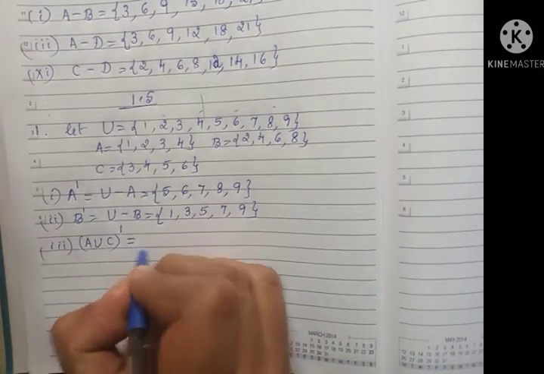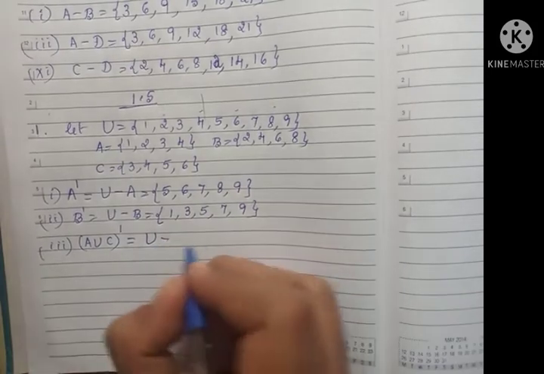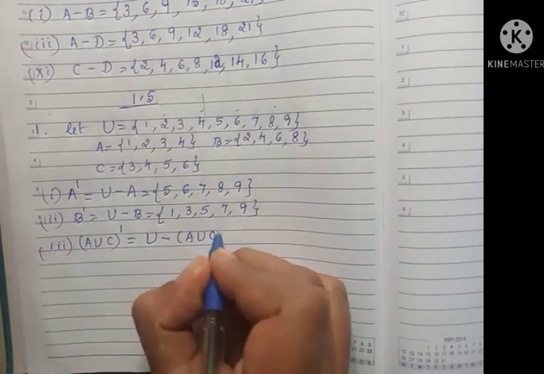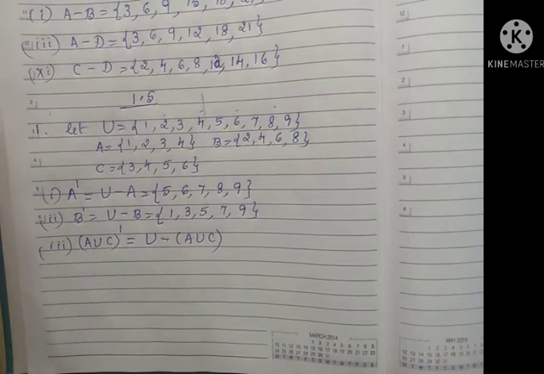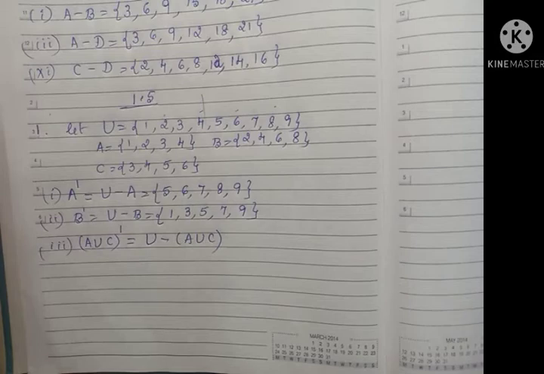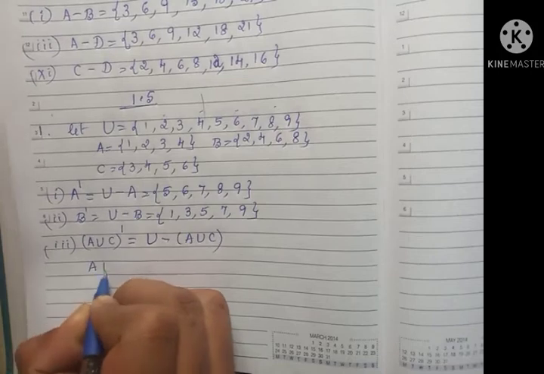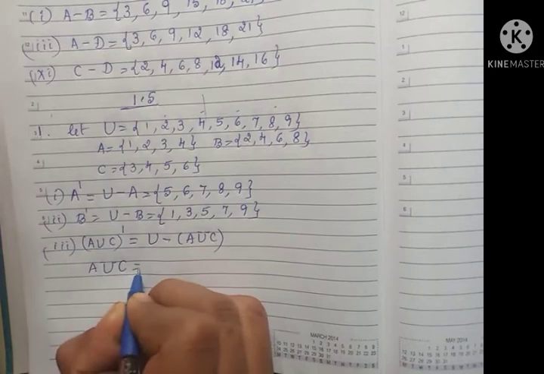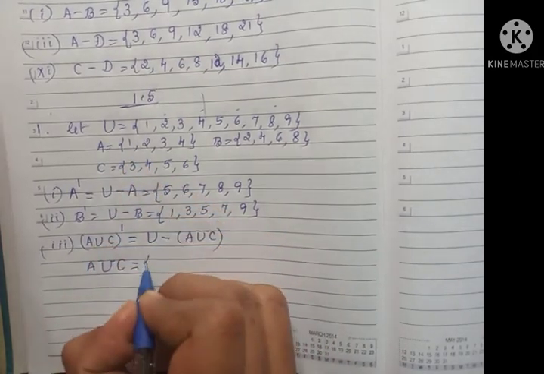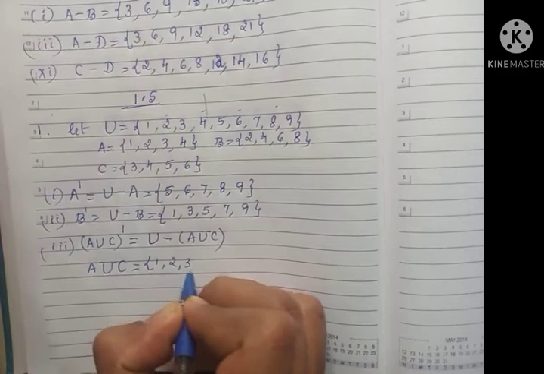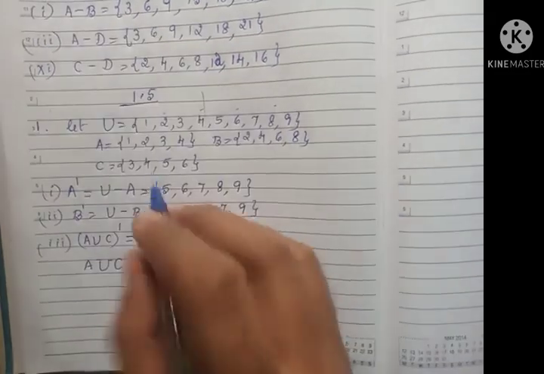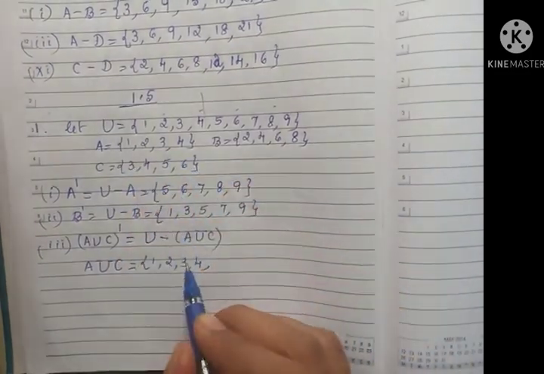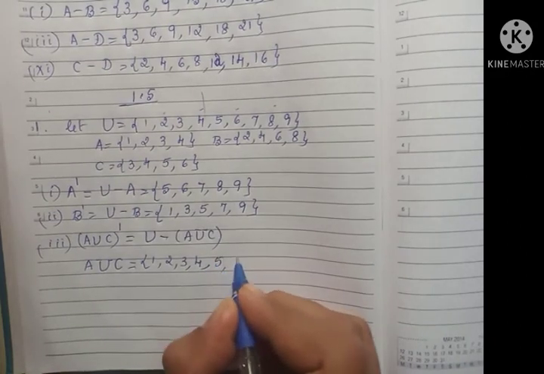So this is nothing but U minus A union C, because A dash is nothing but U minus A. So A union C dash is nothing but U minus A union C. For that, first you have to calculate A union C, the union of A and C. So union of A and C is 1, 2, 3, 4. First I'll write all the elements of A. Then C: 3 already written, 4 written, 5, 6.